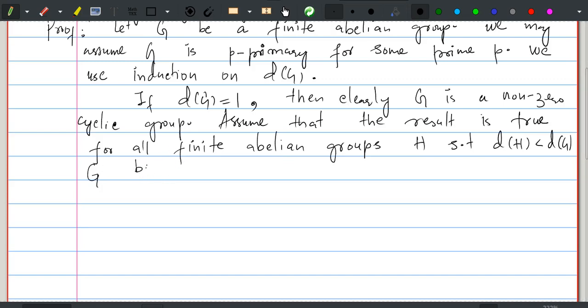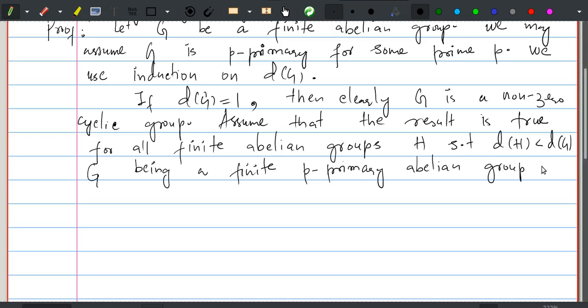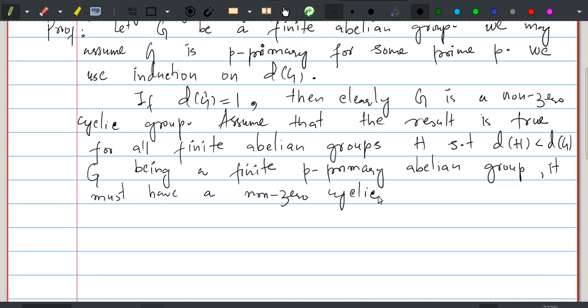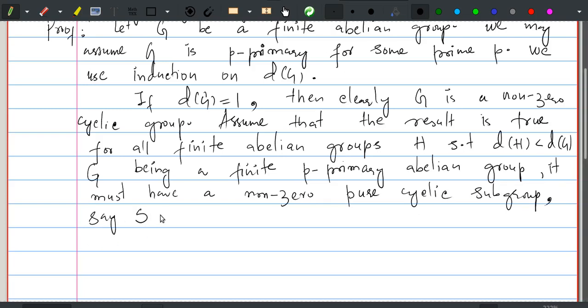So G being a finite p-primary abelian group, it must have a non-zero pure cyclic subgroup. Let us denote this subgroup by S.